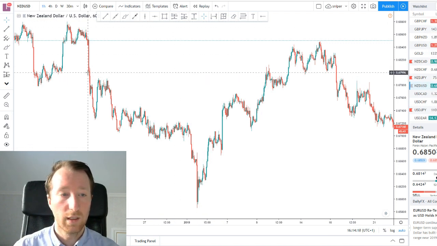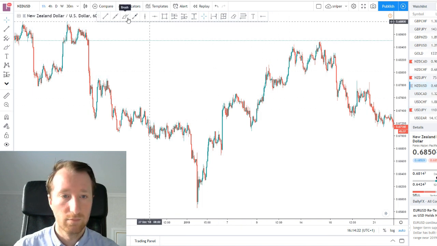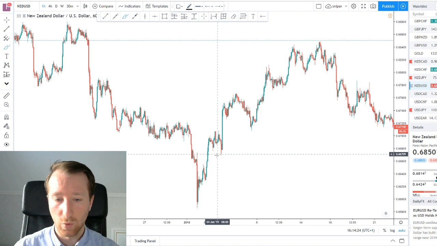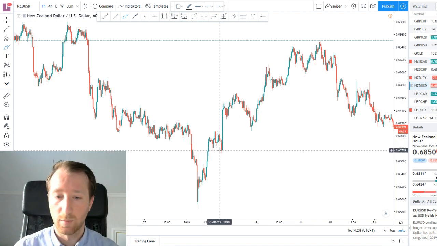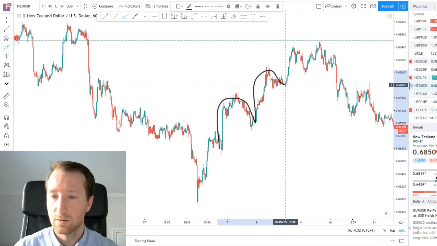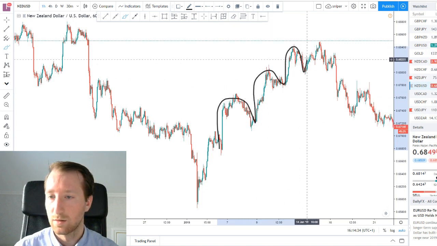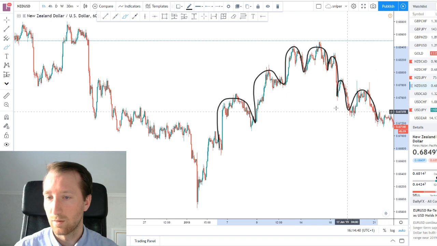Price in this chart normally would go into waves from here to here to here to here to here, and then on the way down again, down, down, down.